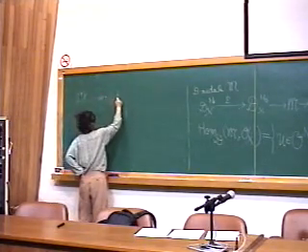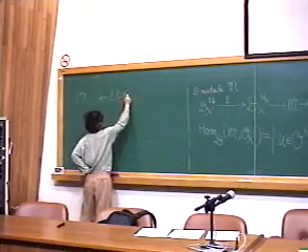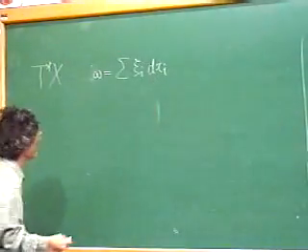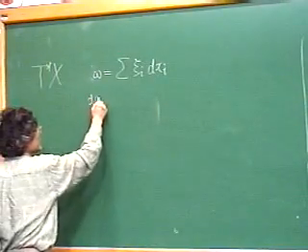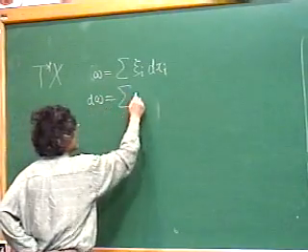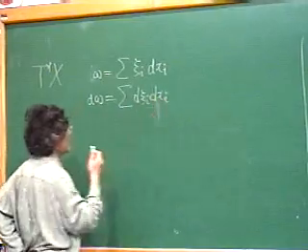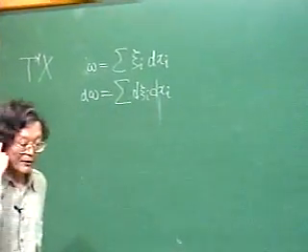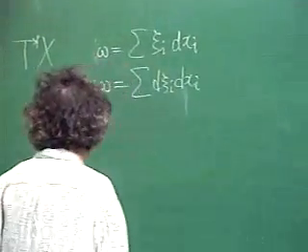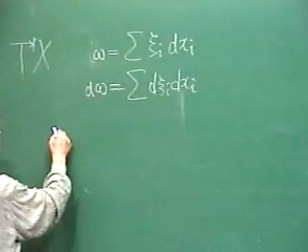With the coordinate system, that's the canonical one form, and the omega gives a symplectic form, dxi. So it is a symplectic manifold.